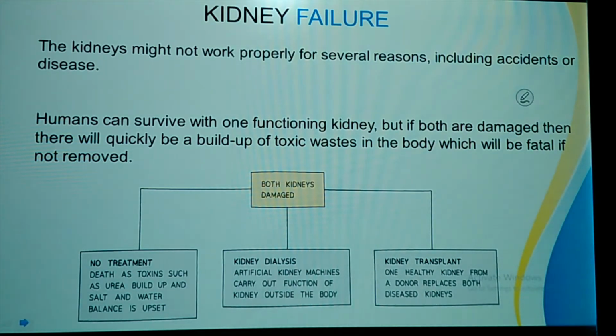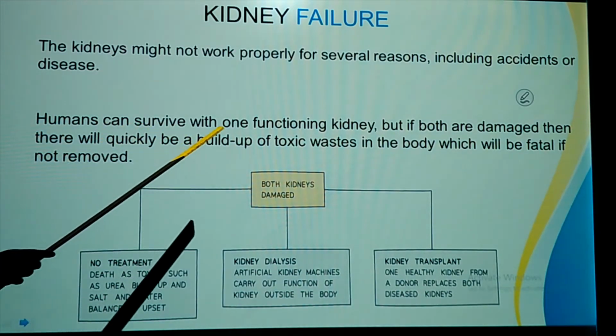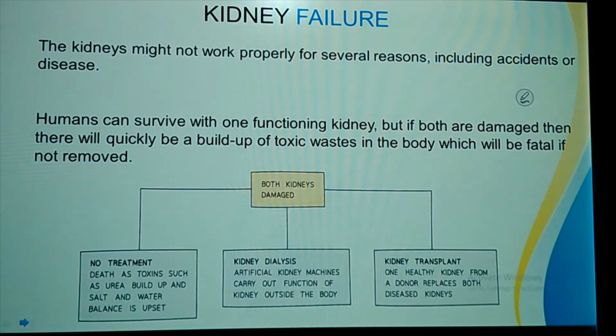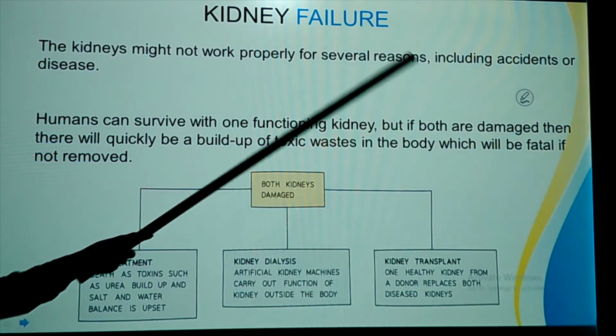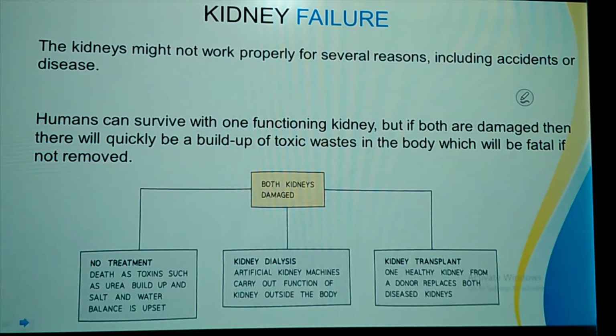So we say someone has kidney failure if both kidneys are not working. If both kidneys have a problem, that's when we say there is a kidney failure, because humans can survive with 1 functioning kidney. But if both are damaged, then there will quickly be a build-up of toxic waste in the body, which will be fatal if not removed.